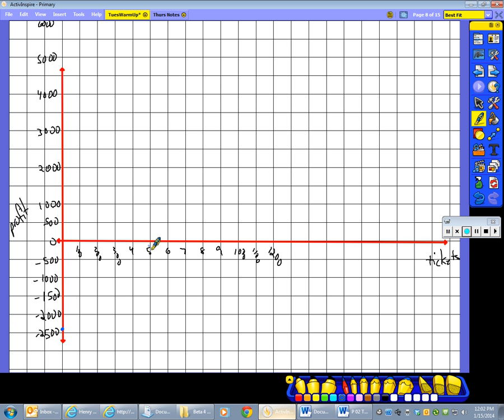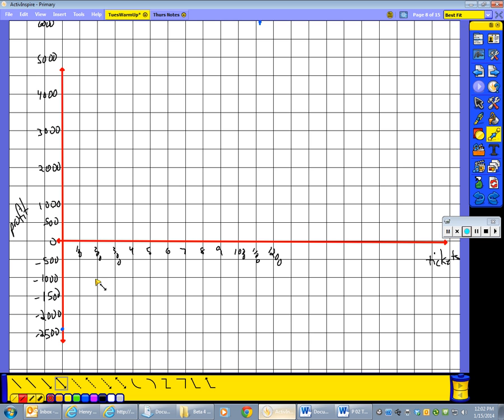The other number that I know is that if I sell 1,120 tickets, right about there, I'm going to have a profit of $6,000, which is way up here, all the way to the top of my graph.